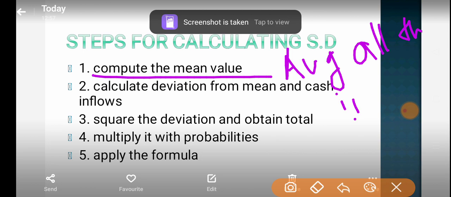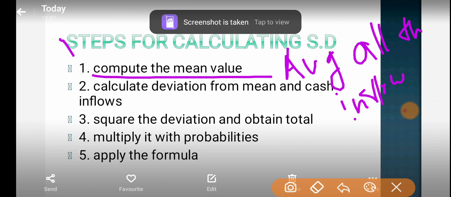Then the second step, calculate the deviation from the mean and cash inflow. We will discuss all this through a question, so you can understand what the steps include.